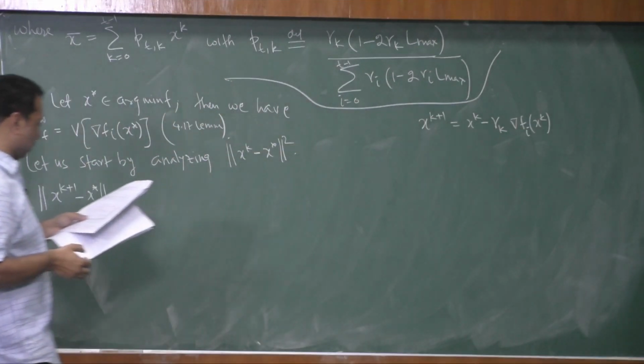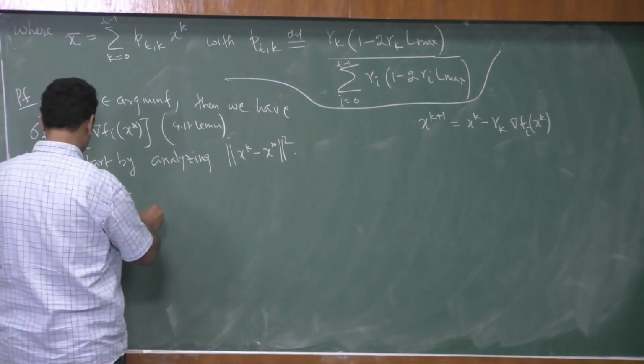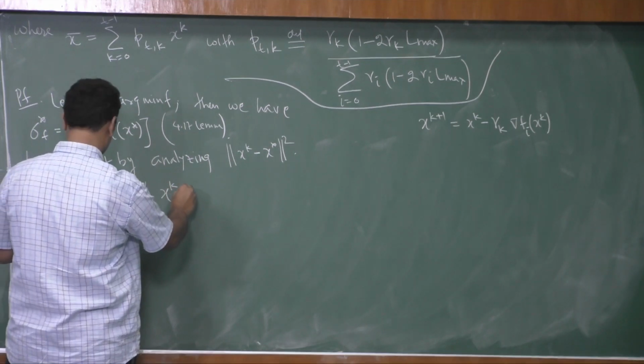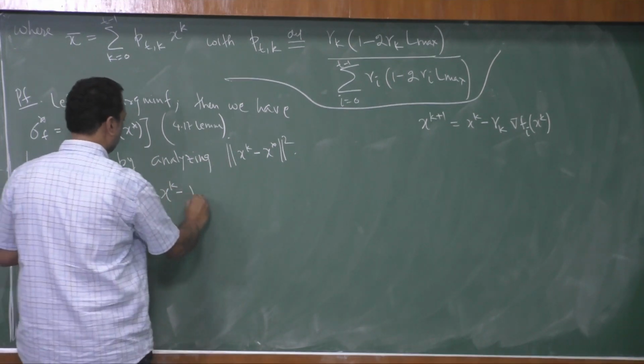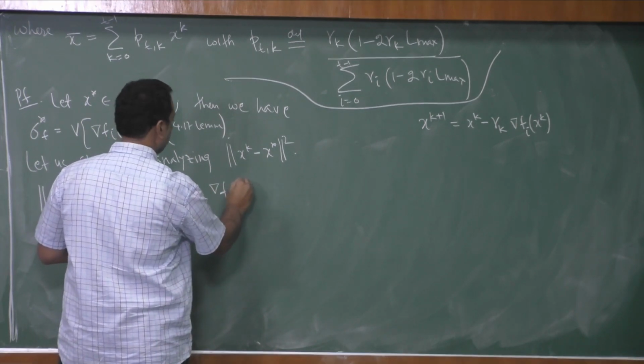So the notation seems fine. So x_{k+1} in this case is x_k minus gamma_k grad f_i x_k.